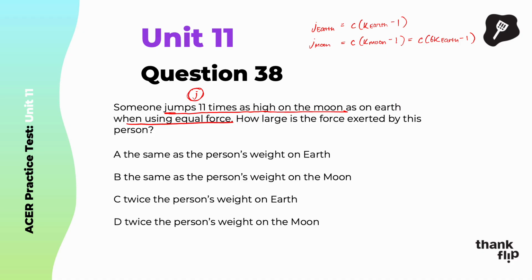And because we're looking at J, we want to look at the equations that involve J, and that's these two equations that I've written here. But what I'm going to do first is essentially translate this into an equation. So J on the moon, so how high this person can jump on the moon, is 11 times how high this person can jump on the Earth when force is the same, using equal force, right?